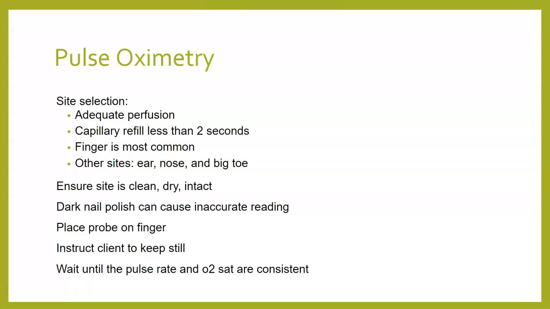You're going to place the probe on the finger, and then instruct the client to keep still. Usually it takes a few seconds for it to regulate and read. So have them keep still, otherwise it may not be accurate. Then wait until the pulse rate and O2 sat are consistent. It will also read a pulse rate as well.